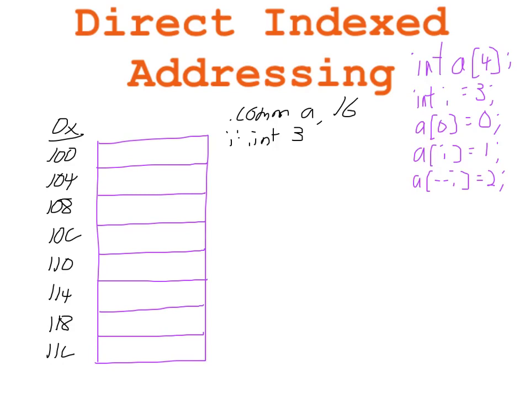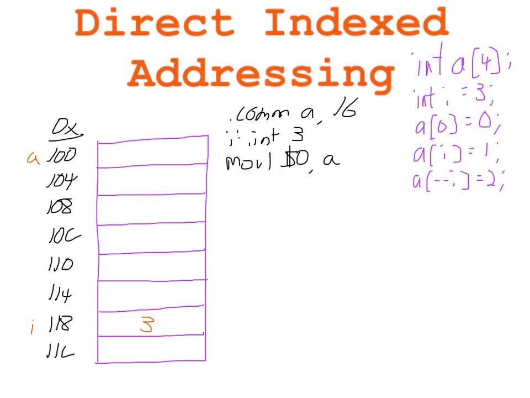So for example, to access position 0 of array A and set it equal to 0, we could do that with the following. movl $0, A. Now let's say, for the sake of argument, that A is defined at address 100 here, and let's put I down at address 118, and so now I is initialized to 3.